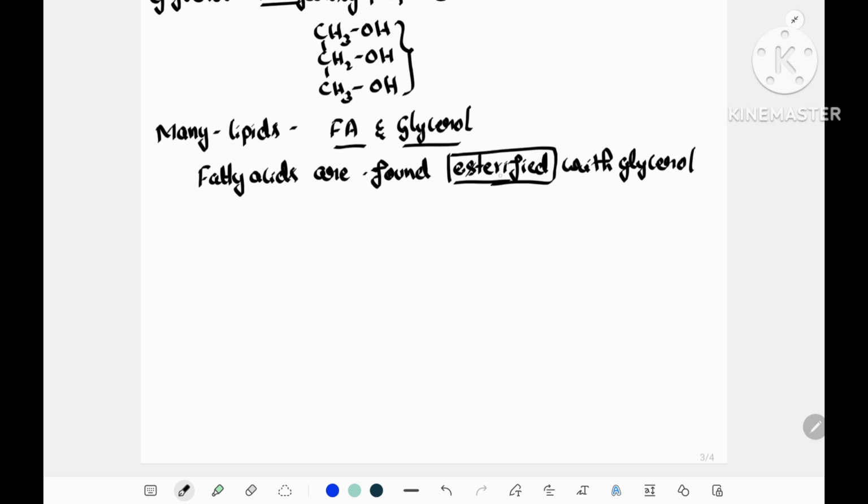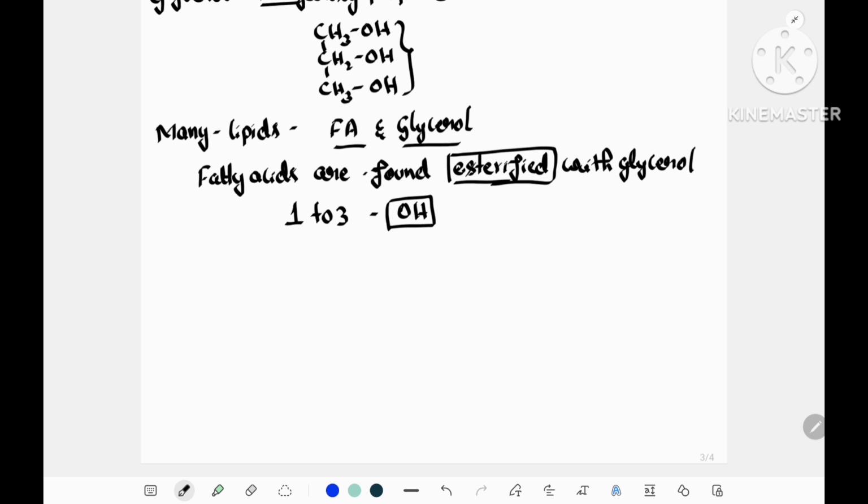So the number of fatty acids that could be linked with the glycerol ranges from 1 to 3, because there are 3 replaceable OH groups here. The 3 OH groups could be substituted by 1 fatty acid, or 2 fatty acids, or all 3 fatty acids together.